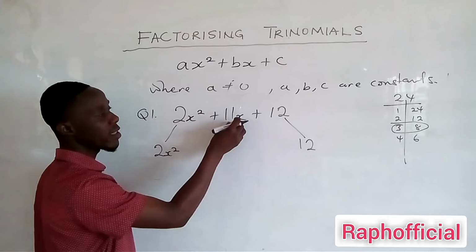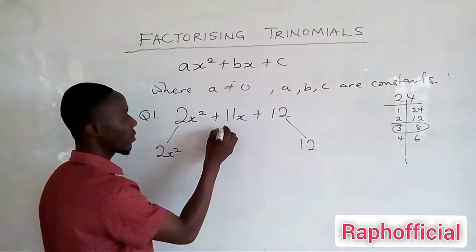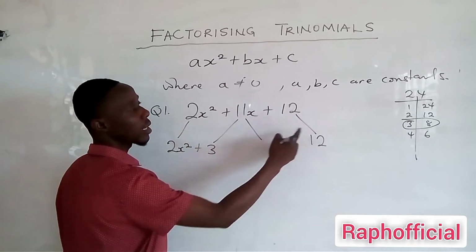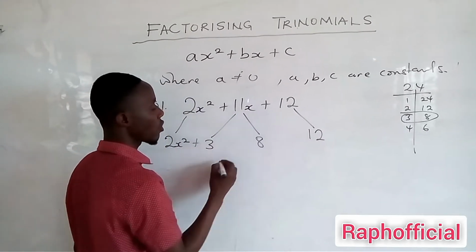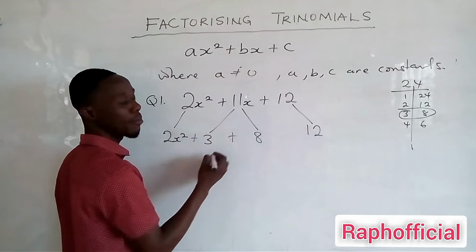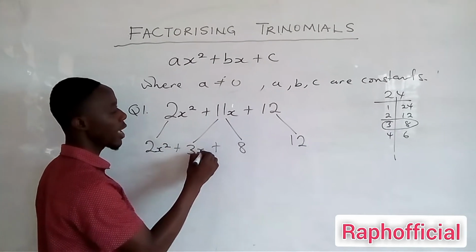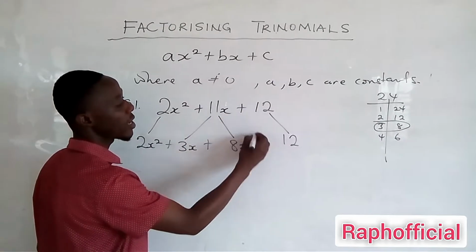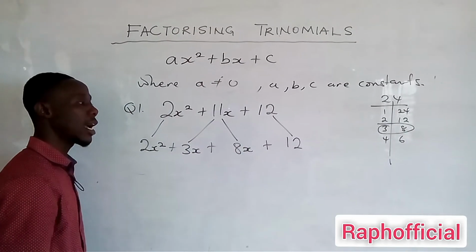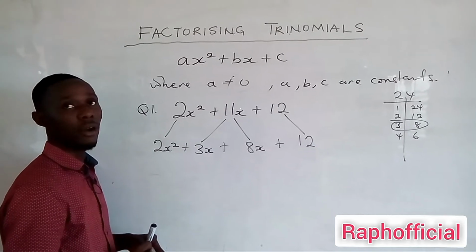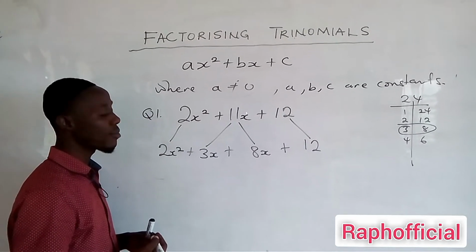But the middle term will split into two: positive 3x and positive 8x. Now, what are we going to do again? We have to factorize two terms at a time.